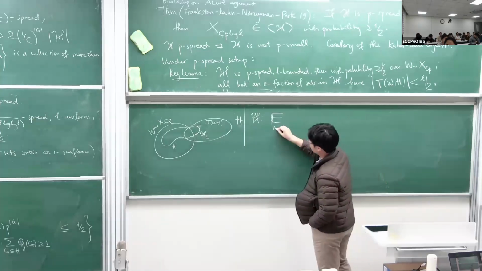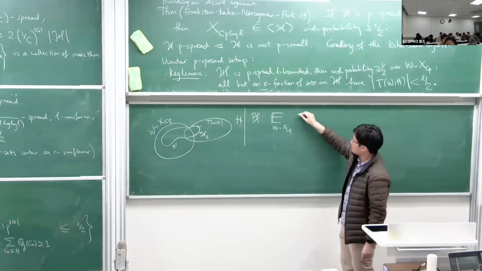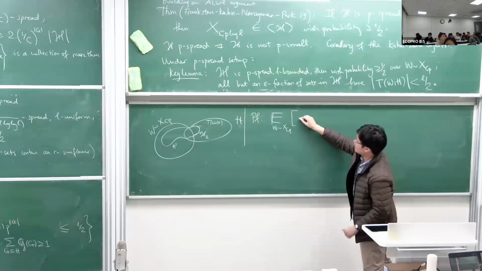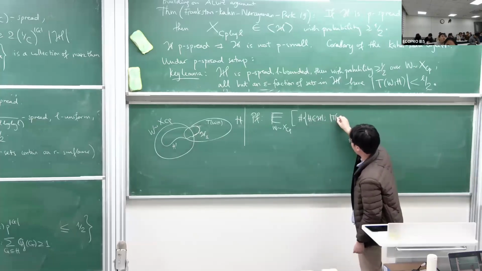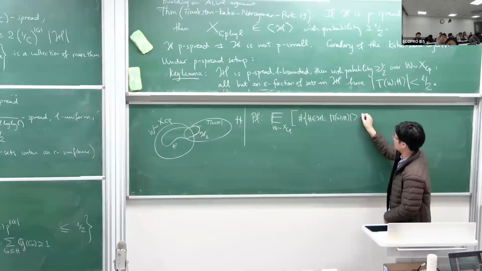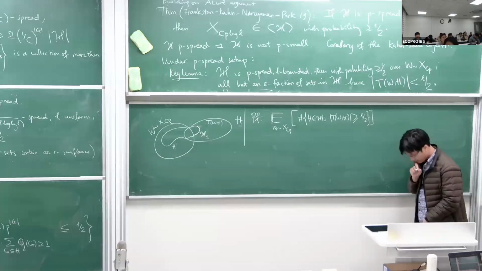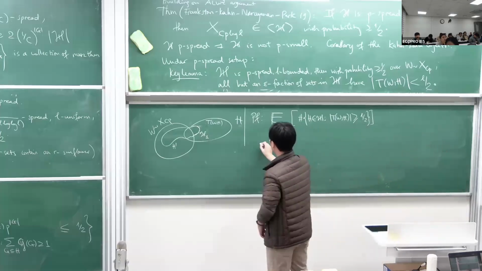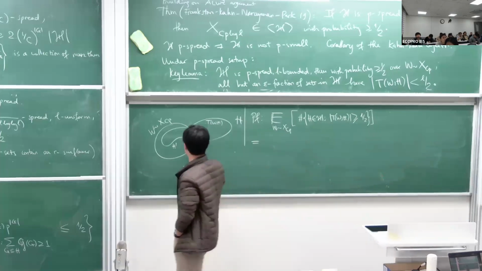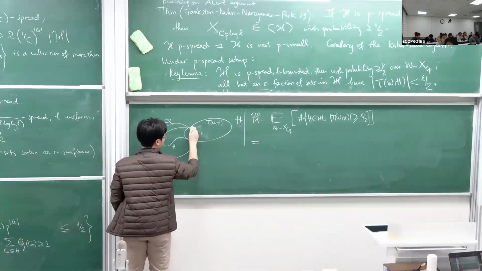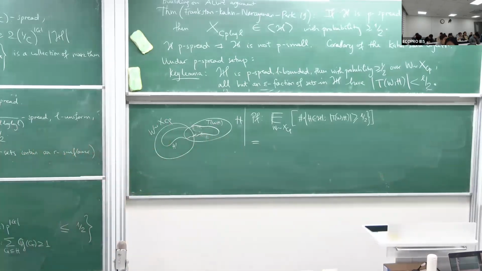Let me bound the expected value, when W is sampled according to X_P, of the number of sets in H that produce a large fragment with W. So I'm trying to count the number of sets in H for which this fragment T that W produces with H is very large.